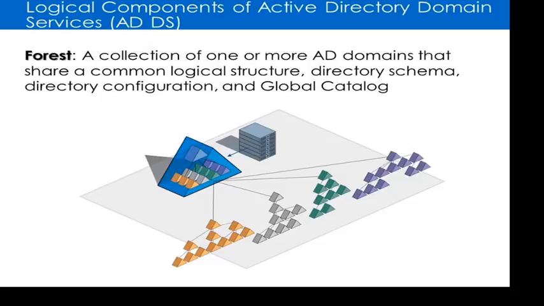Basically, the easiest way to simplify what a forest is, it's one instance of Active Directory Domain Services. Now, you may have more than one forest within an organization. There are certain reasons that you may need to break apart those instances. And one reason would be security.